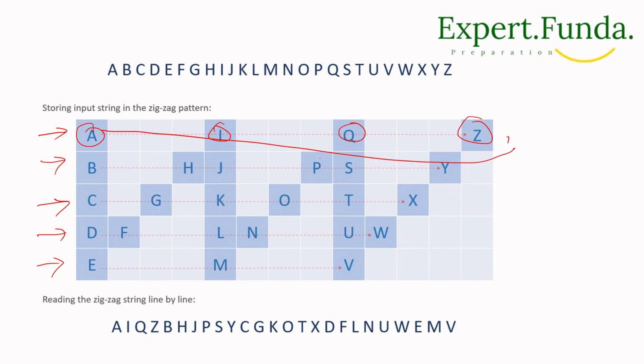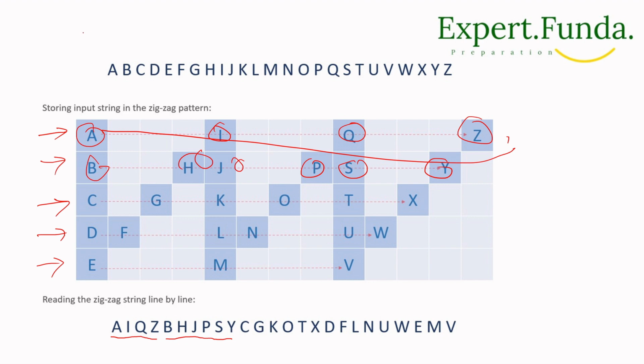In the second row we have B H J P S Y. So similarly we are getting B H J P S Y. I think you have understood what the zigzag pattern is.